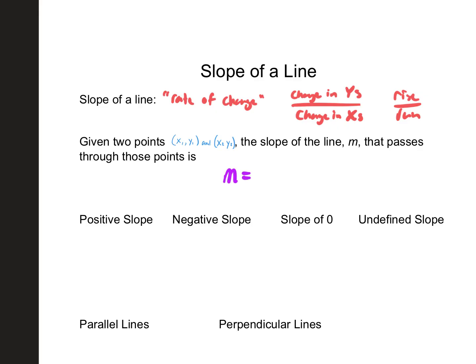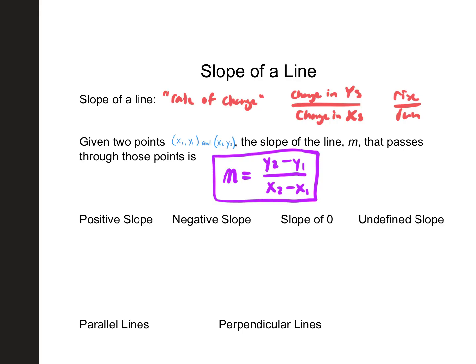The slope formula for the line that goes through those 2 points would be y2 minus y1 over x2 minus x1. And so that formula to calculate slope is going to be a pretty integral part of what we do in this unit, especially with a lot of the lines that we're going to be talking about.